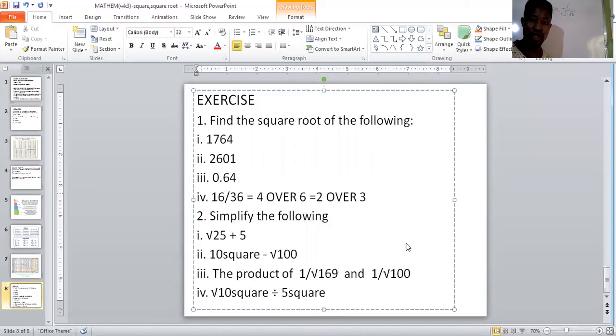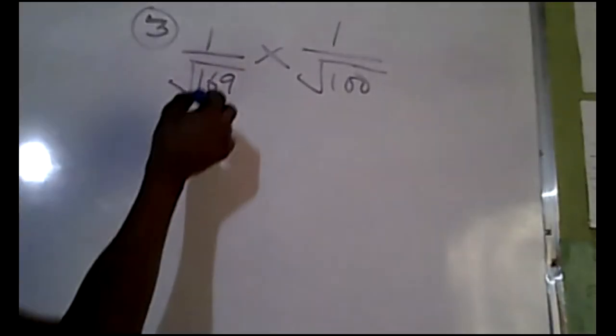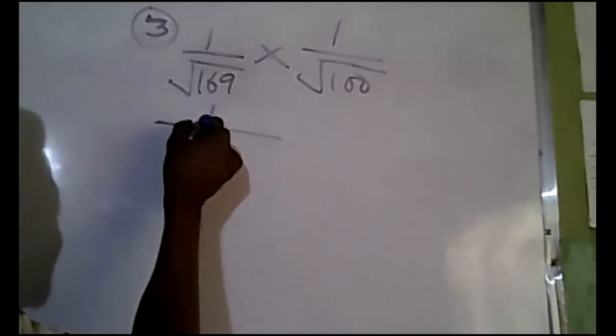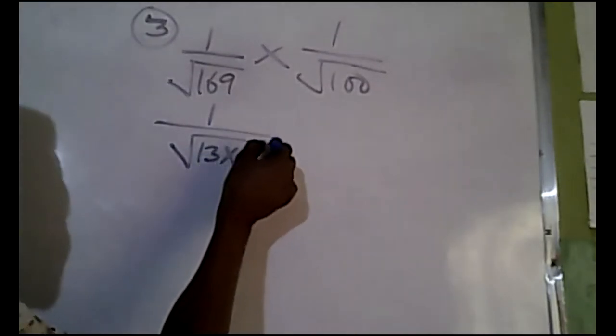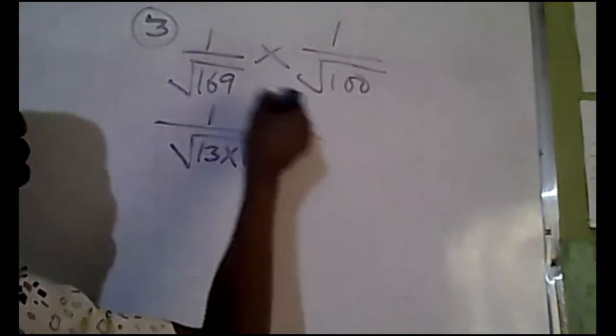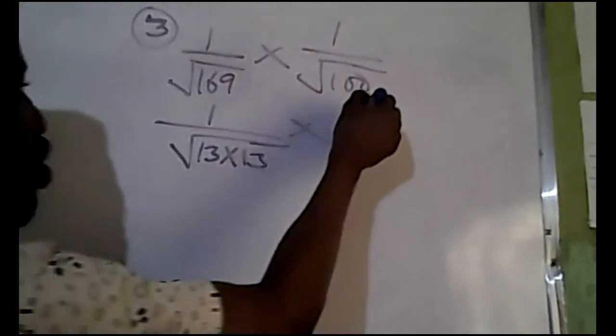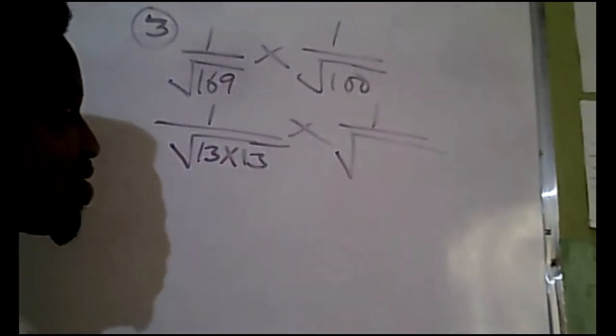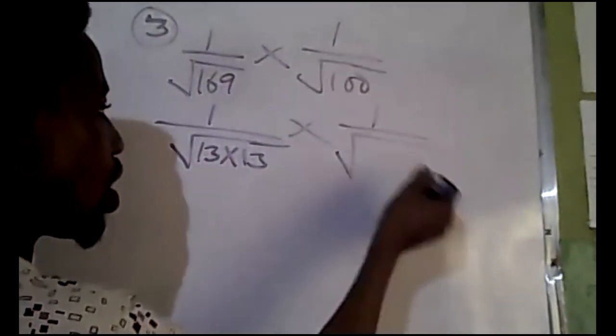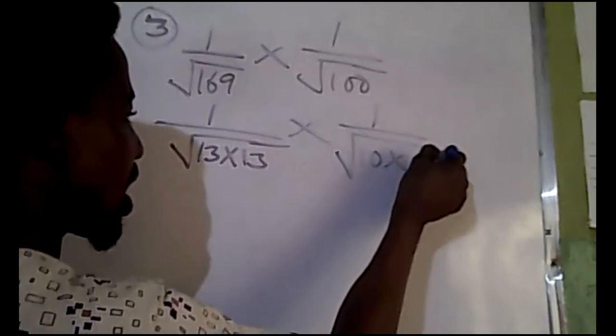Let's see how that is done now. It's very easy. With the help of your square table, you can do this. We know that the square root of 169 is what? Quickly, somebody tell me. It is 13 times 13 that gives 169. The square root of 100 is 10 times 10.